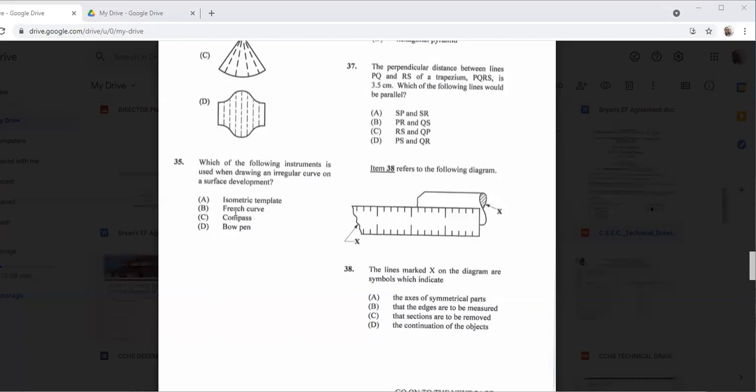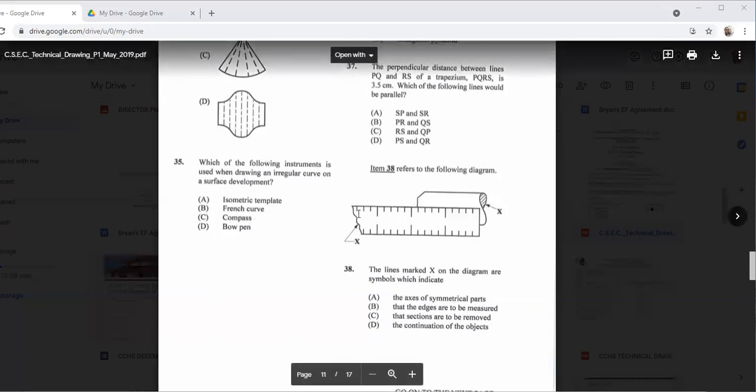Sure. Yep, French curve. So that would be a French curve.